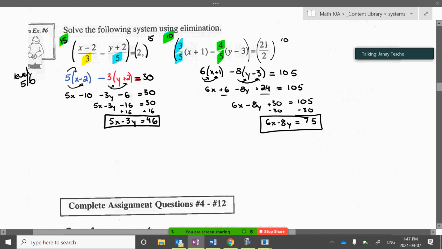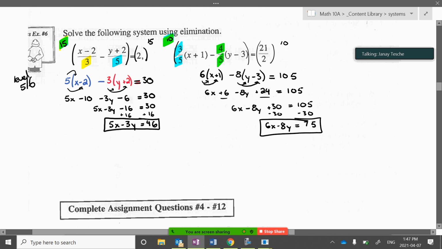Okay, I'm not going to do the whole one, but at this point, I don't even have variables that cancel out. So if we want to cancel out, it doesn't matter which, but if we want to cancel out our y's, because they're just going to be a little bit smaller numbers, that's all.